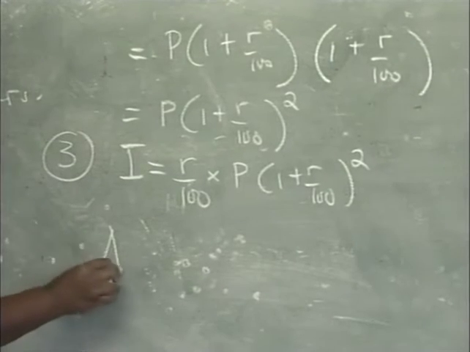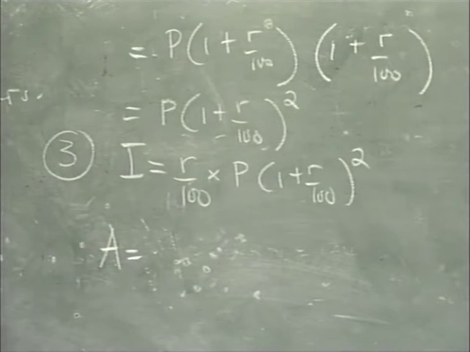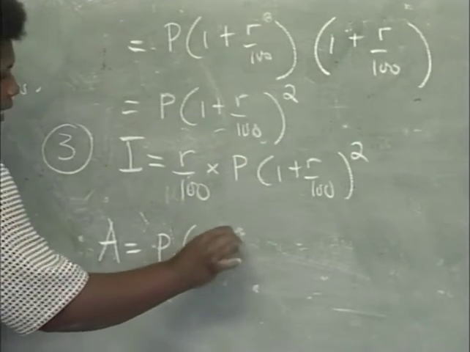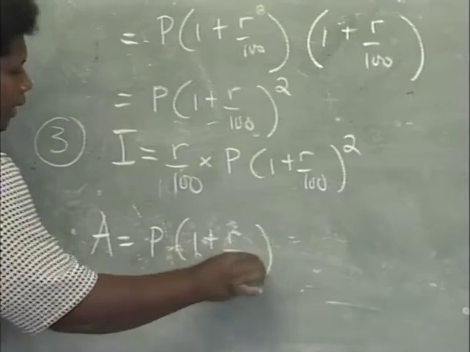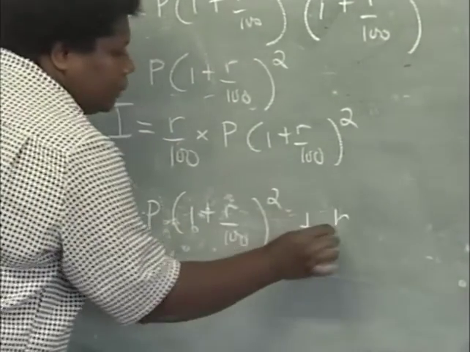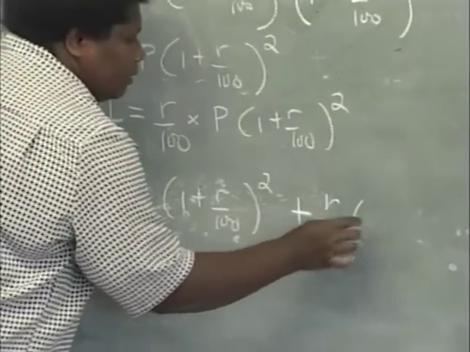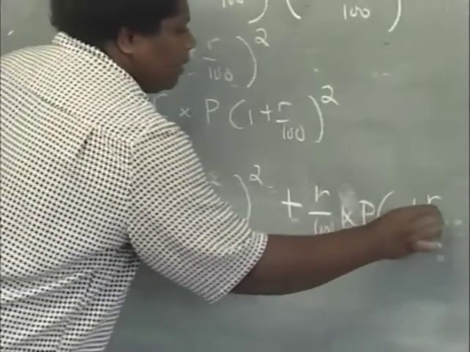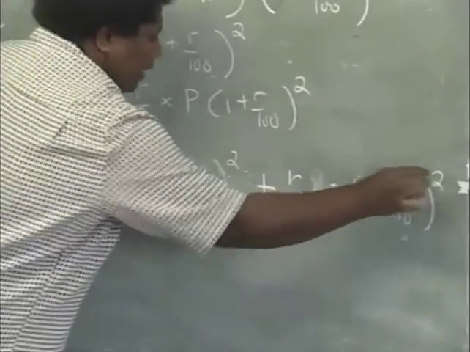Now, that's the interest amount. P times 1 plus R over 100 squared plus the interest. So, R percent of P times 1 plus R on 100 squared.